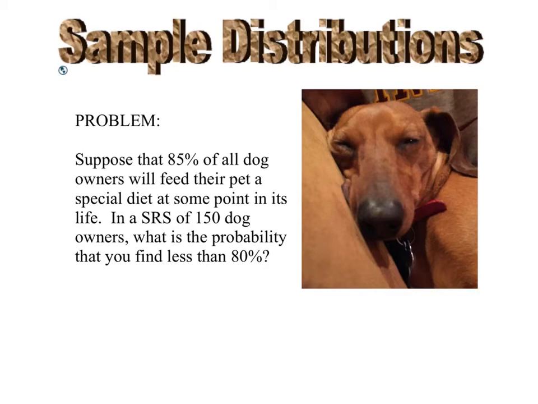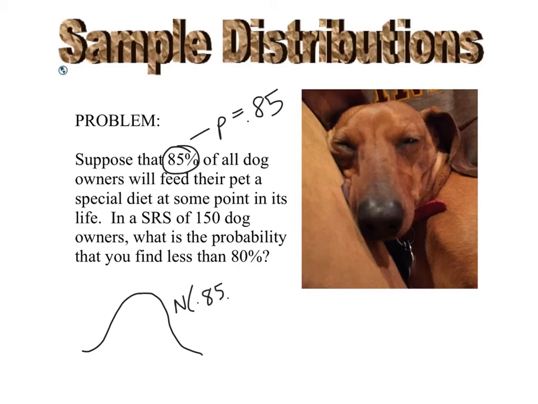So I want you to just think about this idea in your head for a minute. We picture this normal curve. And for us, if it's really true that 85% will feed their dog that special diet, that should be the center of our distribution. And of course, depending on the sample we take, we might be off from that, but that should be the center.